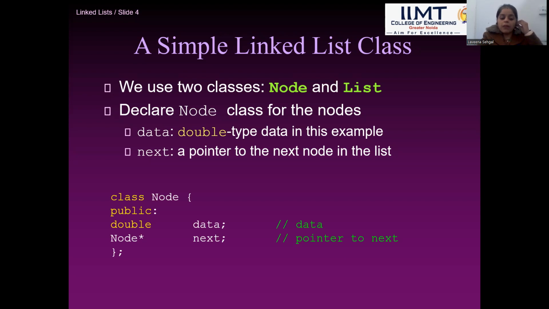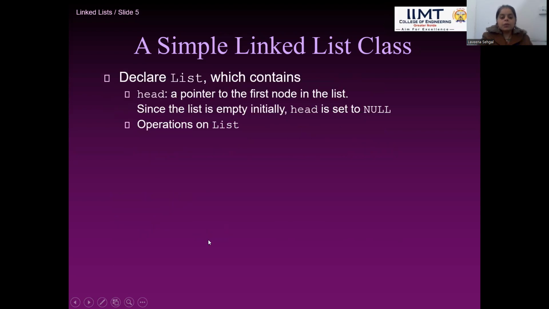For example, we have created a public class named node, in which we take the data items and a node star pointer to the next node, right? A simple linked list class can be declared as list, which contains a head pointer to the first node in the list. Since the list is initially empty, it is set to null.